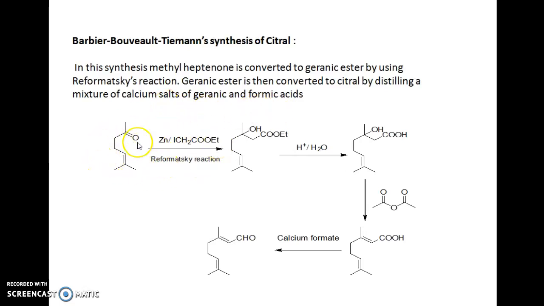So this is methyl heptenone. After the Reformatsky reaction, it gives this geranic ester. This geranic ester is then converted into citral by distilling with the calcium salts of geranic and formic acid.